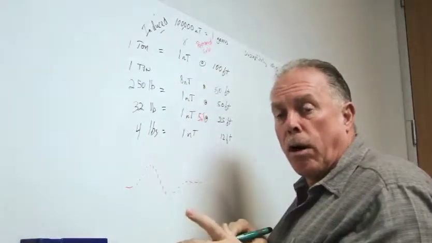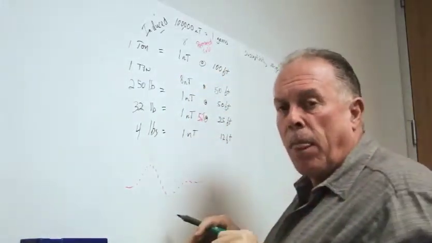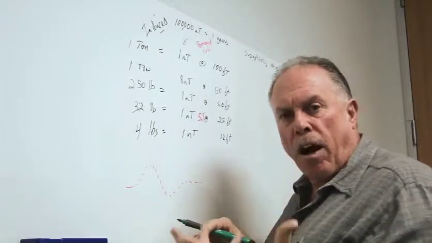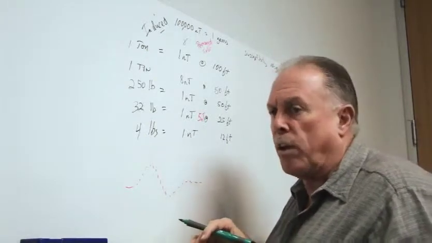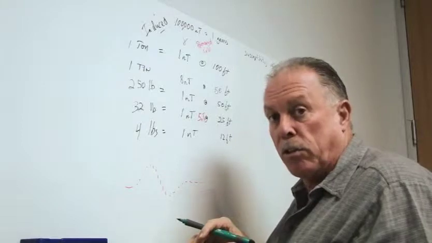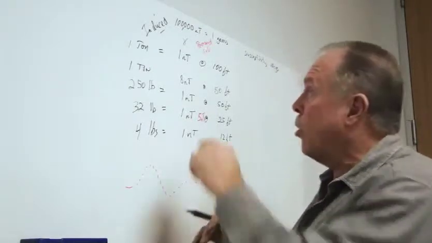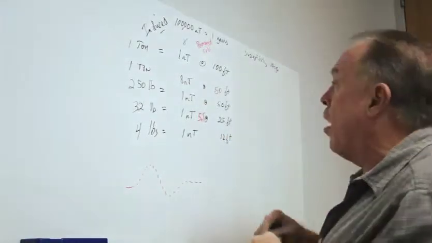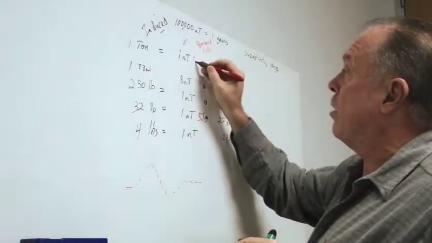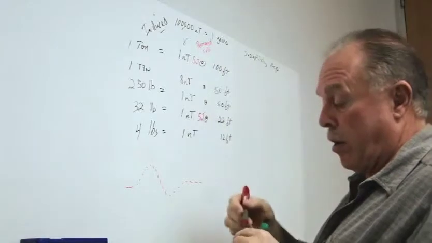But parts of the car are hard steel, and they were formed in a foundry like the crankshaft and so forth. So there are permanent magnetic fields associated with the steel parts of the engine. And so this number may then become as much as 5 nanotesla at 100 feet.